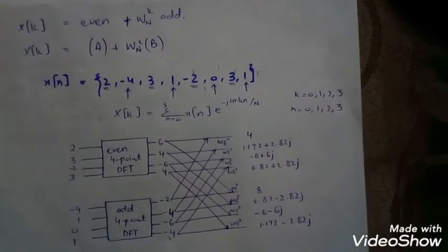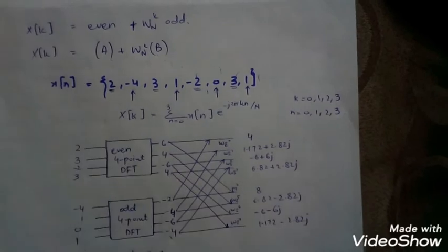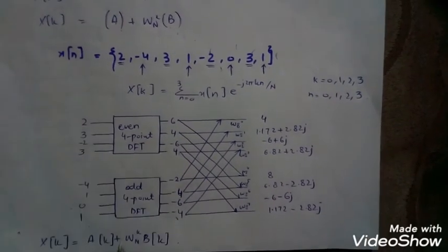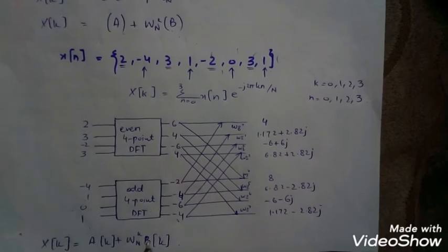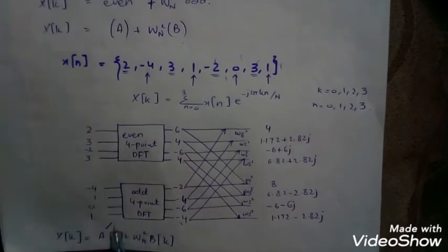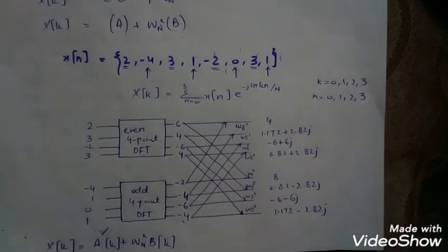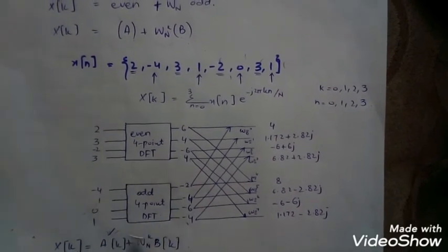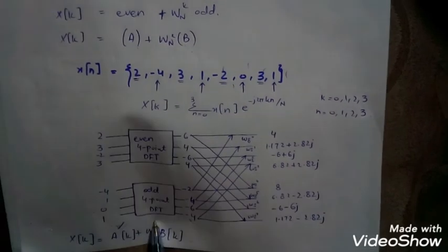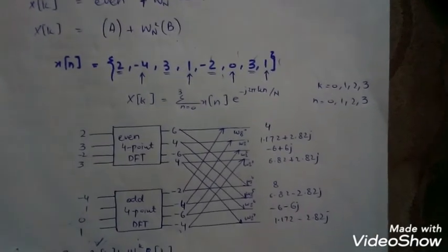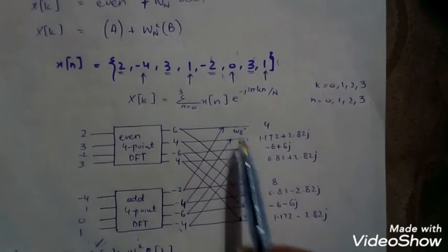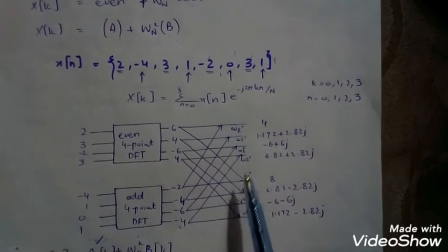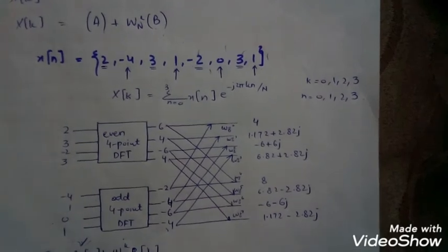So this is the formula of even and odd portions, like x of k is equal to A of k plus W n up to k into B of k. These are the even 4-point DFT which is equal to Ak, and these are the Bk, that is the odd 4-point DFT. So this is W8 up to 0, W81, W82, W83.